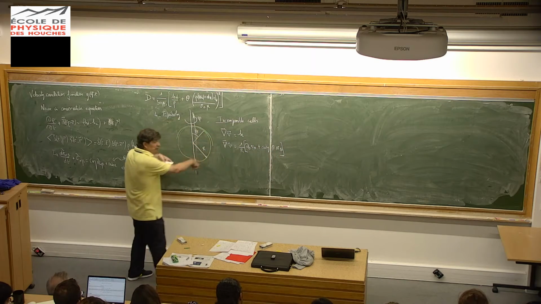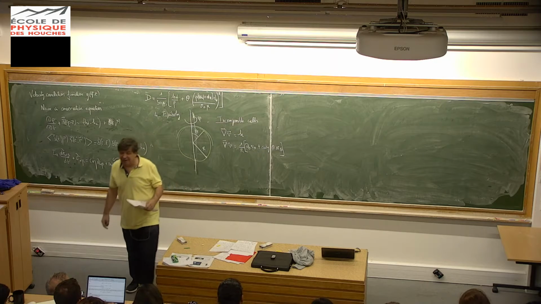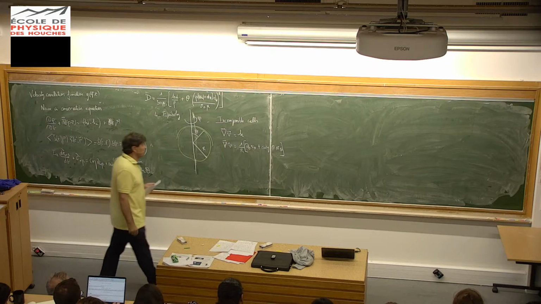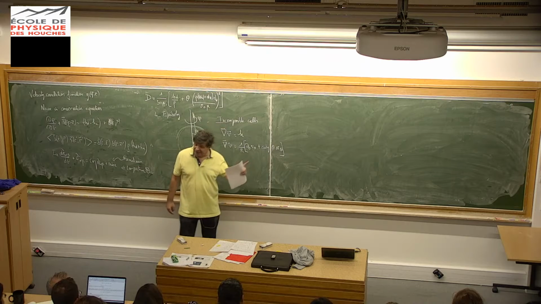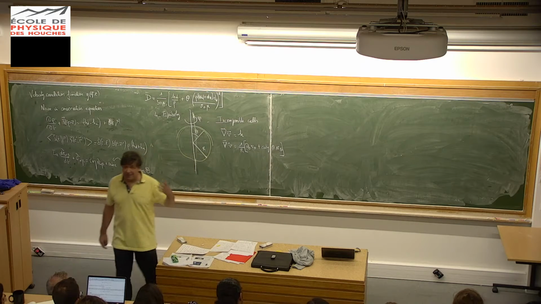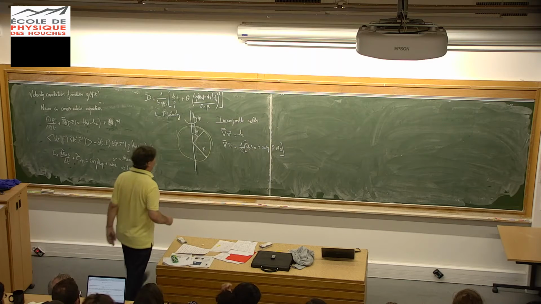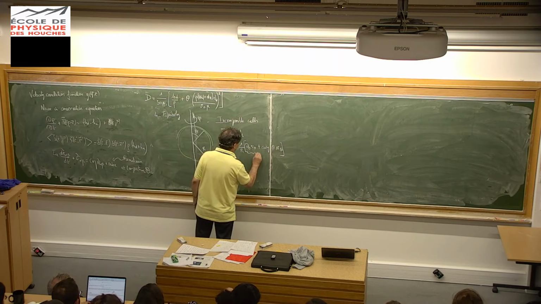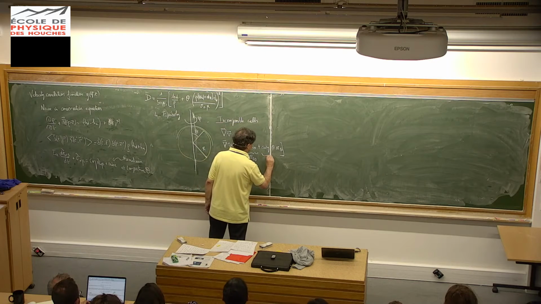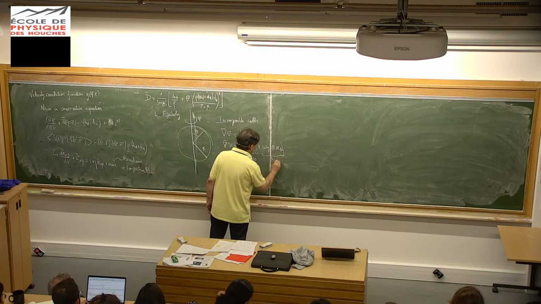So the cells spread in this direction. They spread in the theta direction, so v is along theta. Still, there are two terms. If I look at my tensor v alpha beta, there is a v theta theta, which is this one, and this is v phi phi.